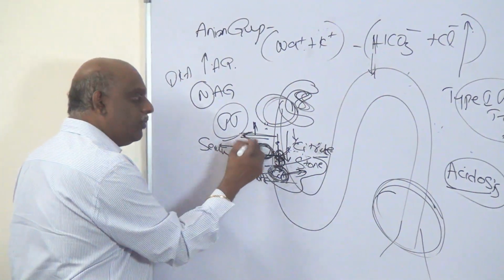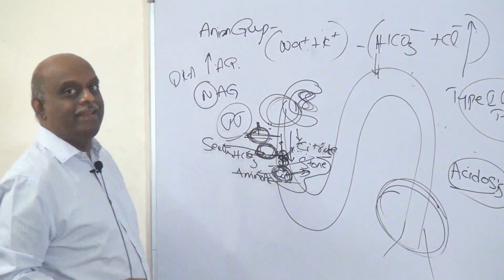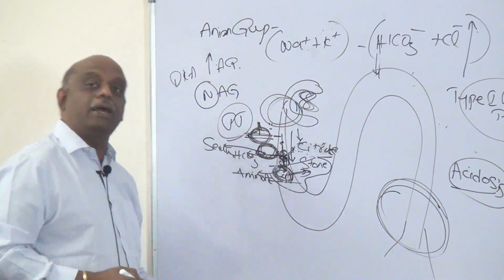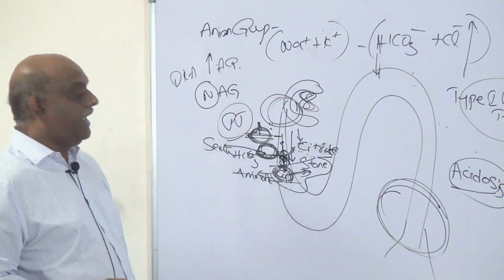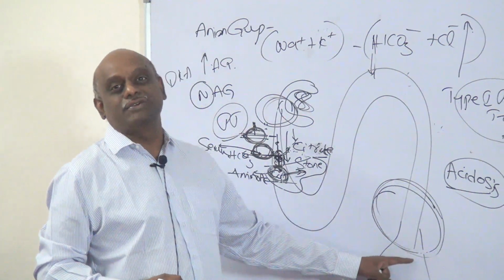The citrate has already moved into the tubular cell and is no more there in the tubular lumen in the case of distal renal tubular acidosis.